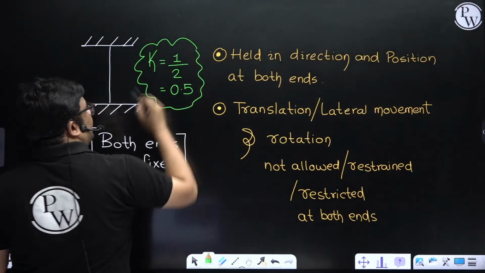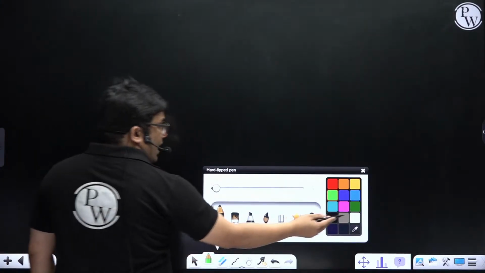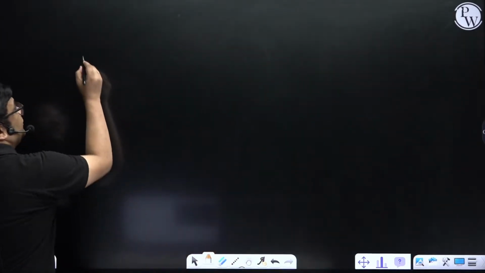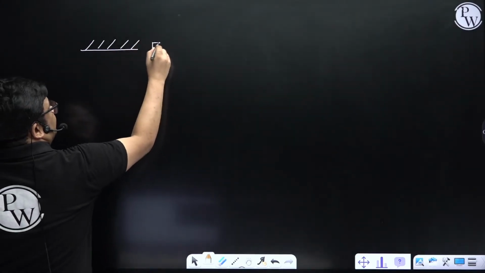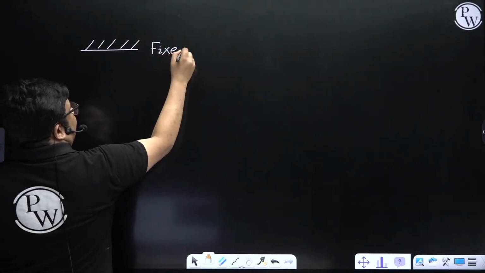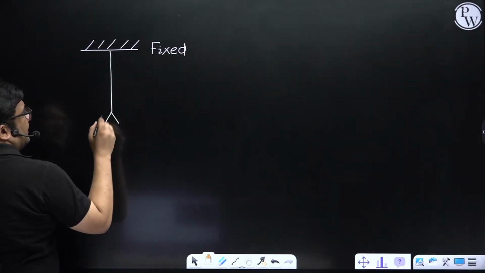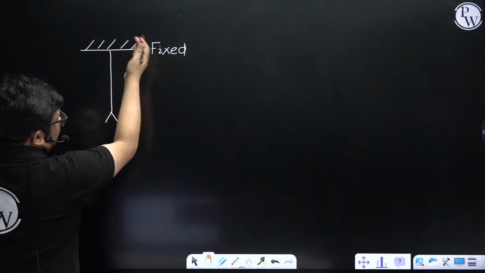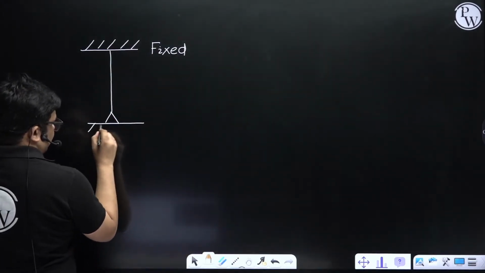Okay. Next is one end is fixed, one end is hinged. Suppose this is fixed, and the other one is hinged. It can be reversed also. Just I have drawn it here like this.